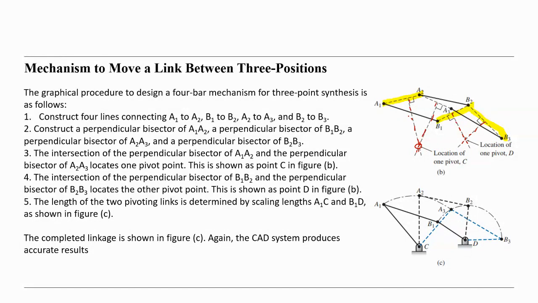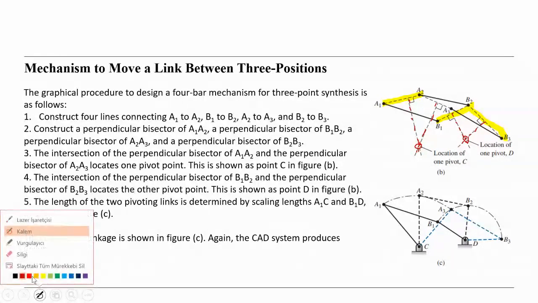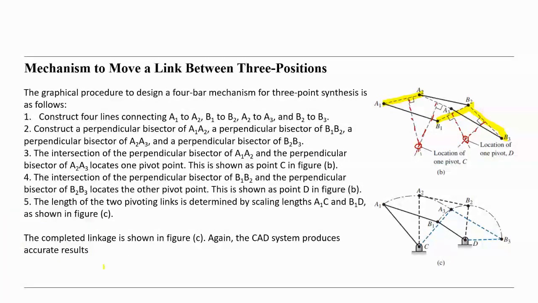This is between the first and second position, and this is between the second and third position. So two points, and then at the end we have our mechanism. You see here the first position, A1, B1, the second position, A2, B2, and the third position, A3, B3.